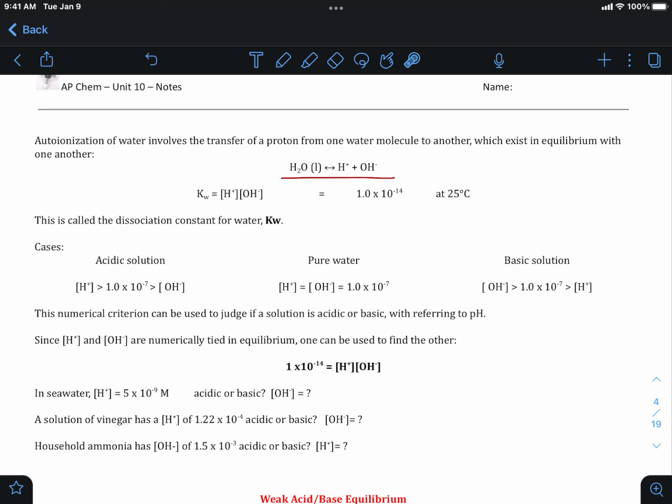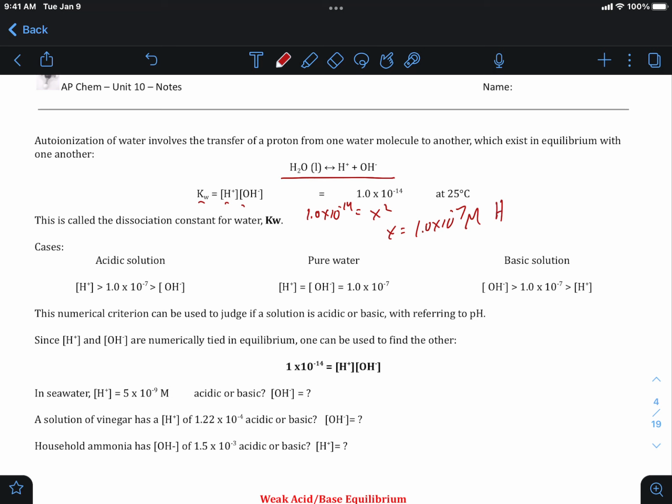So if Kw is equal to the product of both of these, then I can set up this expression right here, X being the concentration of H plus or OH minus. So X would be 1 times 10 to the minus 7.